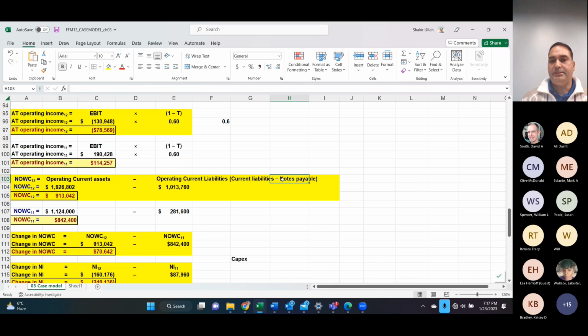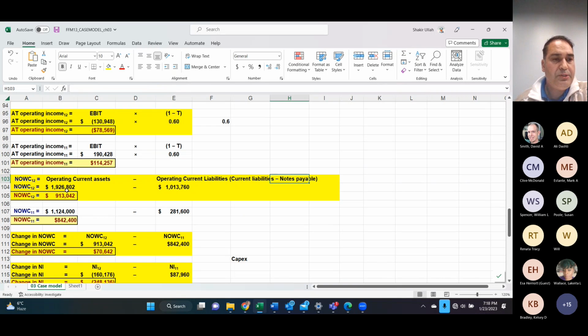These notes payable are basically short-term borrowing from a bank. This is not an operating liability, because it's your decision, you borrowed it, and you may be using it for some other purposes, not in the operations. For example, you took some notes and you bought a machine with that money, so it is not necessarily an operating item. So you take the current liabilities and you remove the notes payable. That gives you the operating current liabilities.